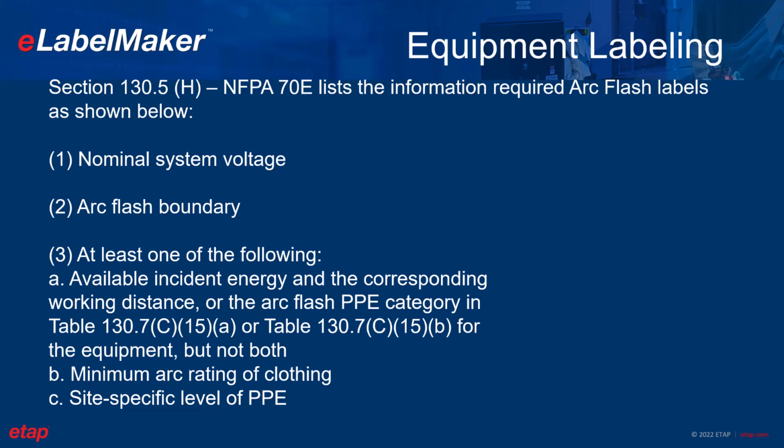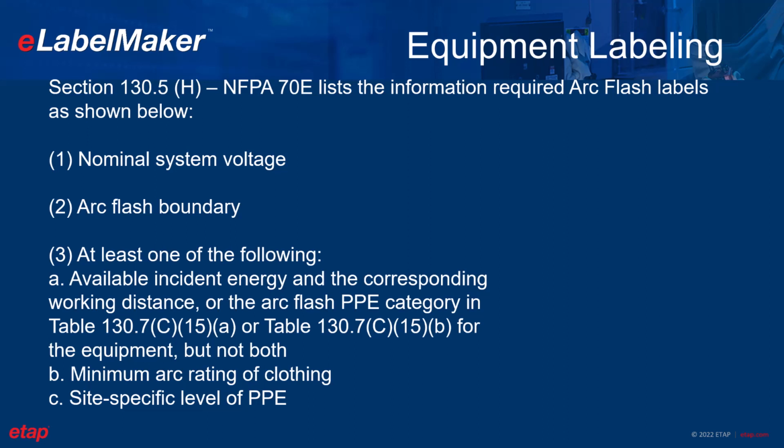For instance, section 130.5(H) of NFPA 70E says that an arc flash label should have a nominal system voltage, an arc flash boundary, and at least one of the following: available incident energy and the corresponding working distance, which is nothing but the incident energy analysis performed by ETAP arc flash using IEEE 1584-2018.